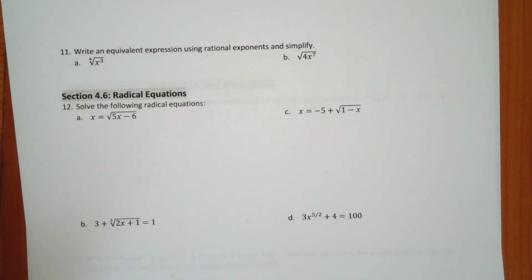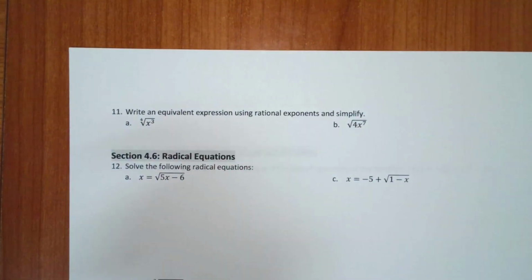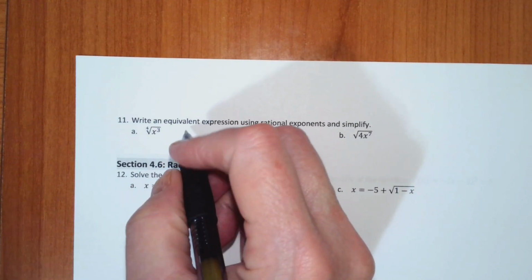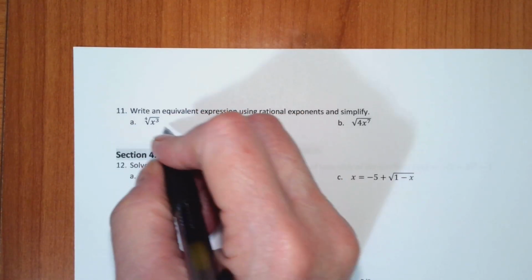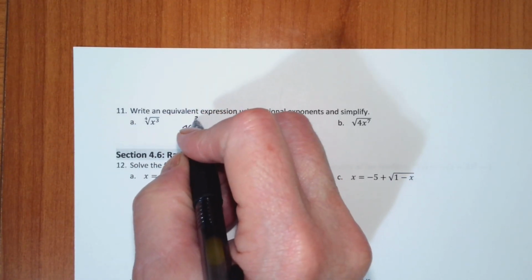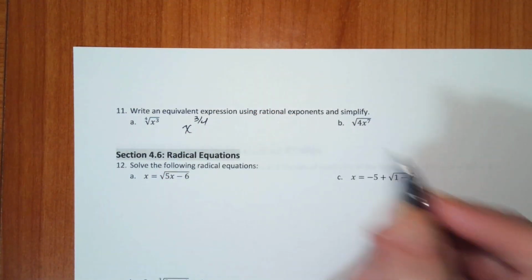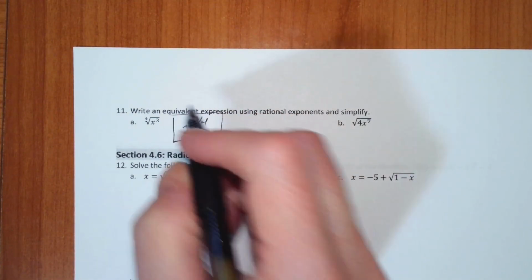Number 11. Let's see what I can do with these. These I want to write with a rational exponent and simplify. Okay, well, we know that this just means x to the 3/4, and there's nothing I can do with that.